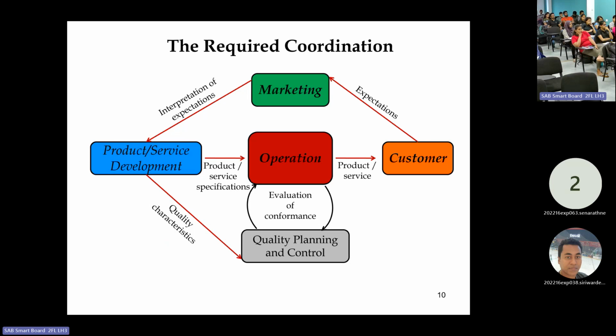Economic performance as well as business performance. We believe that there are research evidences, successful business cases. When organizations put in the right efforts for quality management, they will be able to enhance the operations performance. They will be able to enhance firm performance, profitability in the long term. That is why firms should focus on quality.